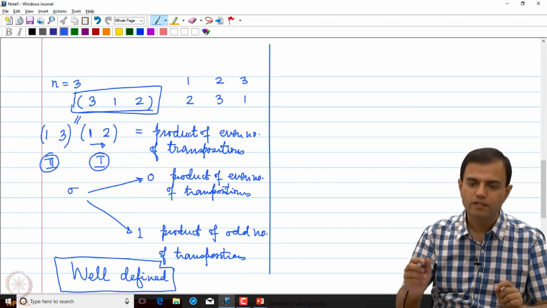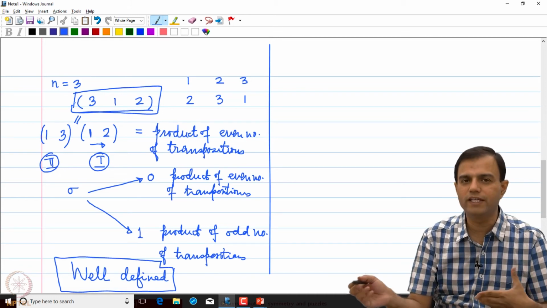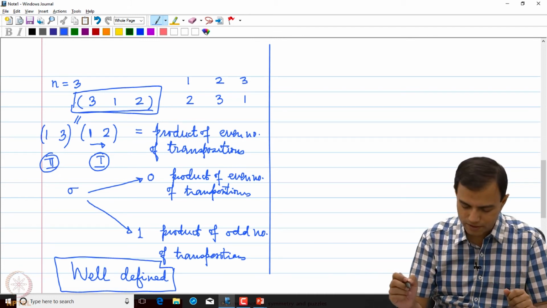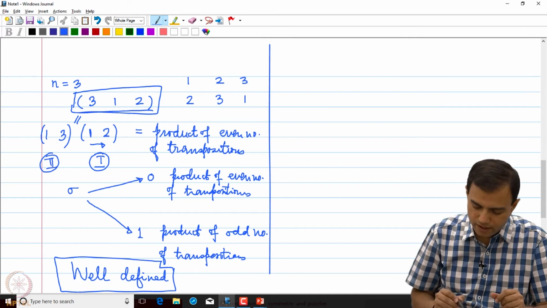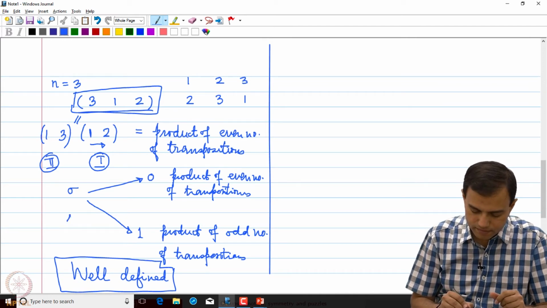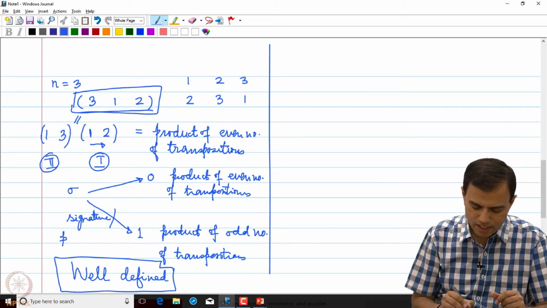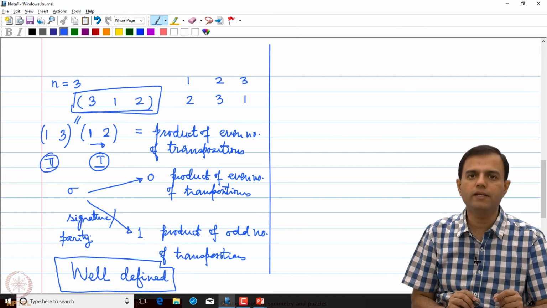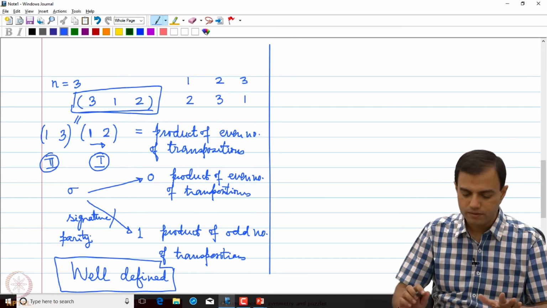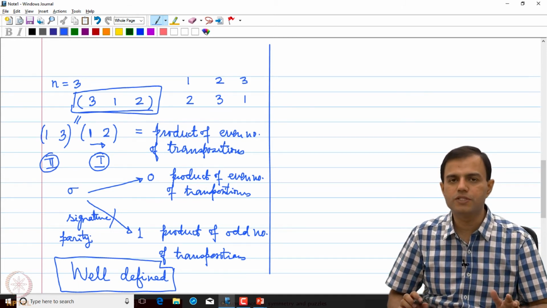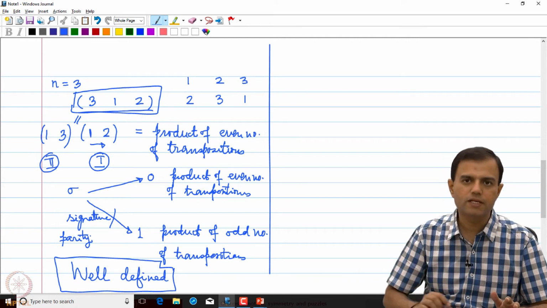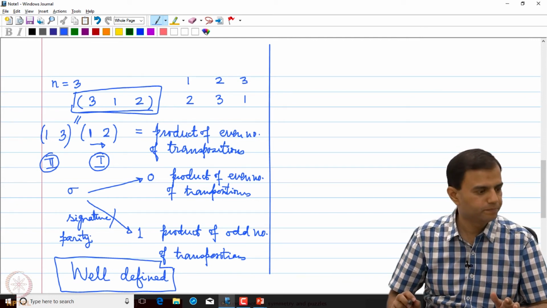But that could differ. So this even number could be 4, that even number could be 6. That's quite possible. So this is well defined, and this map is called the signature map, and for this lecture series I will be more often using the word parity. So parity is the word to express how many transpositions are required to express a permutation as a product.